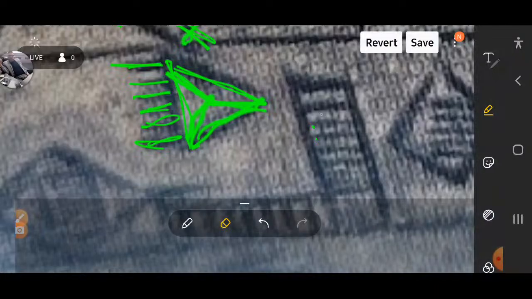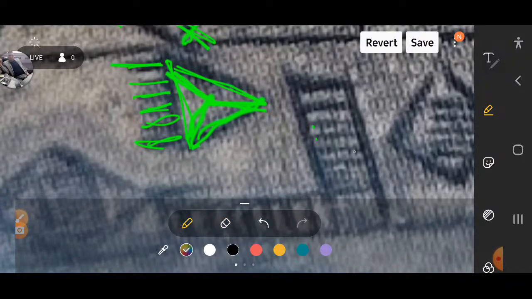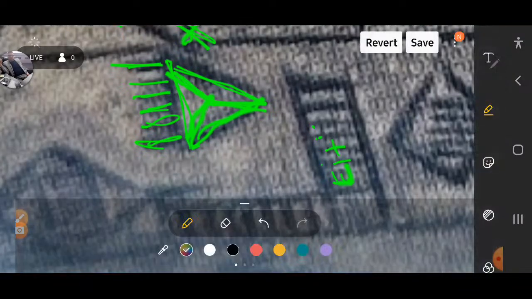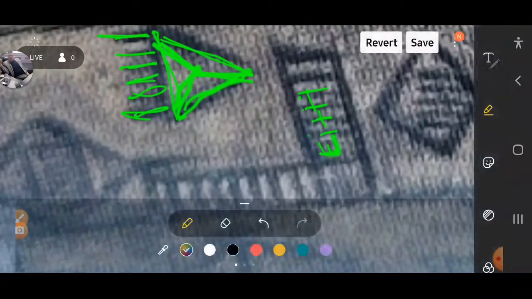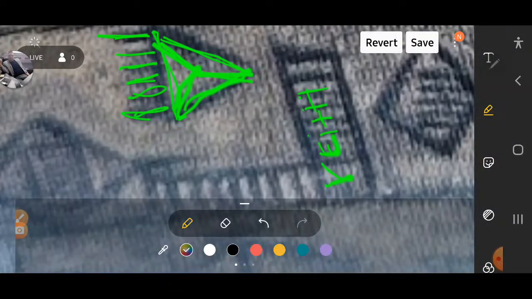Now do you see it? So I see, almost see E, I, T, H again. Did you see me follow that?